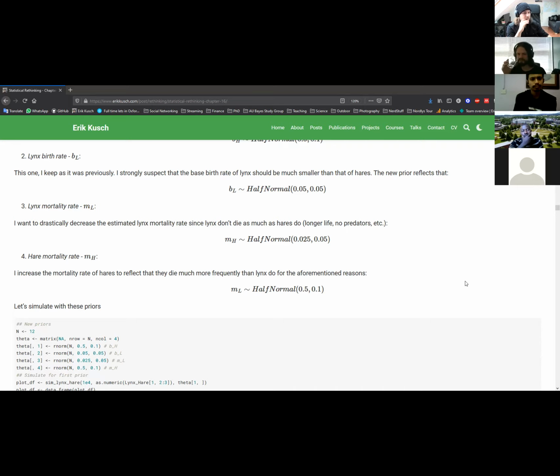Here I increase the hare mortality to reflect that they die much quicker than the lynx do. So now in my model, hares get birthed more frequently than lynx, and hares also die more frequently than lynx. And I think that makes good sense biologically. The actual numbers, again, are just the result of me playing around with stuff and landing on something that worked for me.